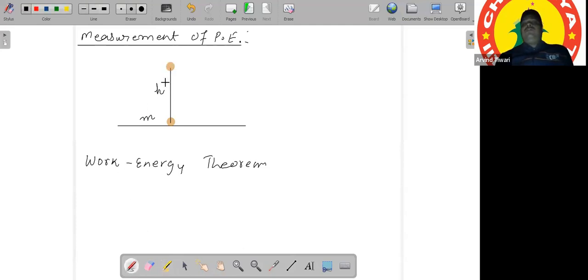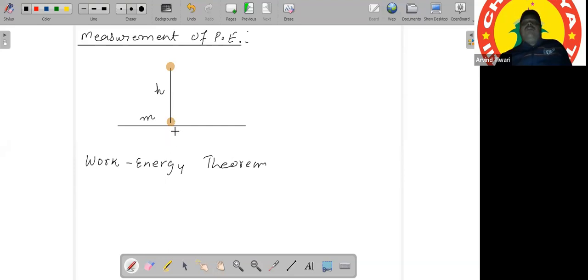As per the work energy theorem, whatever amount of work we do in lifting this mass to the height h will be stored here in the form of potential energy.